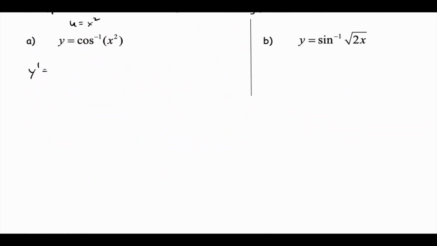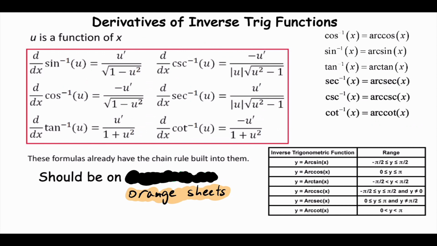The derivative of u is just 2x, and I change sign, so it's negative 2x on top. On bottom, the square root of 1 minus u squared.